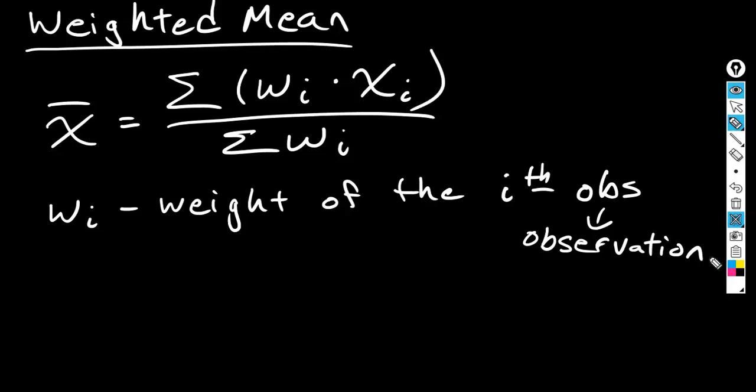So it's the weight: w2 is the amount that the second observation of this variable matters, like how important is it? And xi, we probably already know, is the ith observation of our random variable x, and that's really all the new stuff that we have.